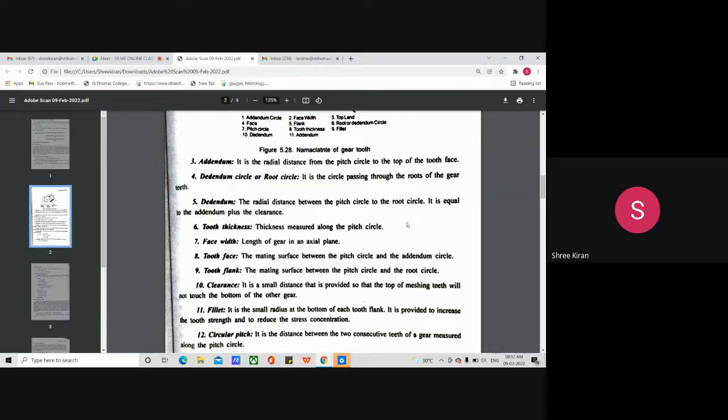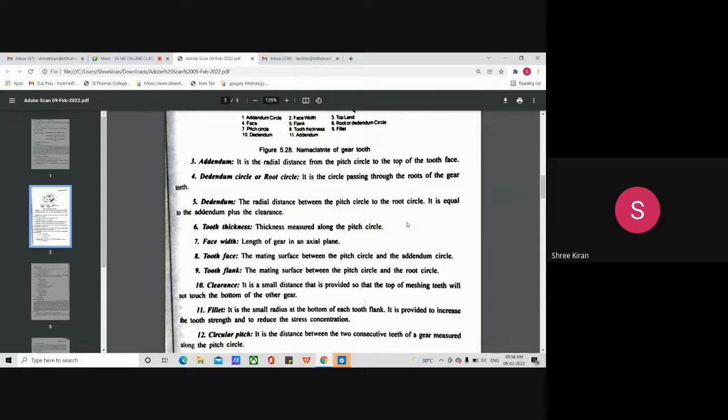Then comes the tooth flank, the mating surface between the pitch circle and the root circle. That is what happens in the tooth flank.